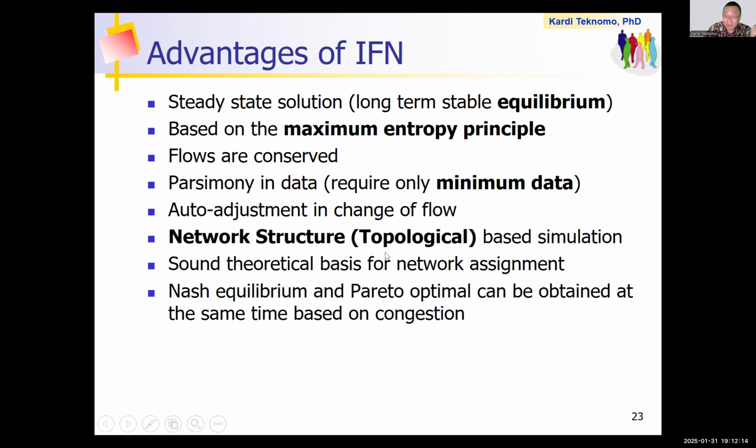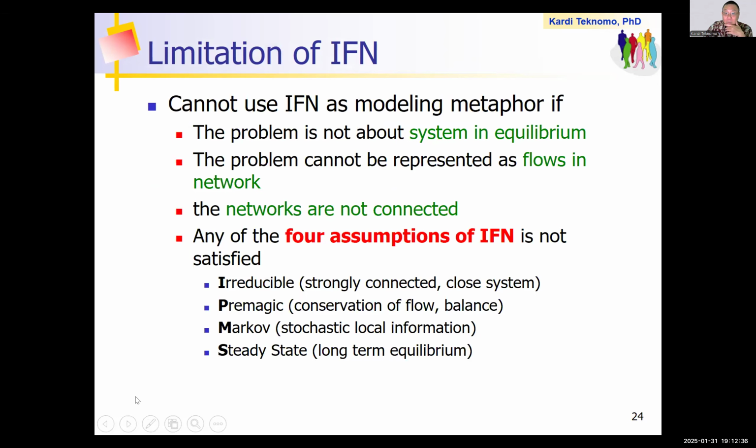Okay. The most important is that it is based on network structure. So you can change the network structure in order to simulate. So, okay. It also has connections to other equilibria. Yeah. For example, Nash equilibrium, Pareto optimality, and so on. Okay. You can also get. So what's the limitation?